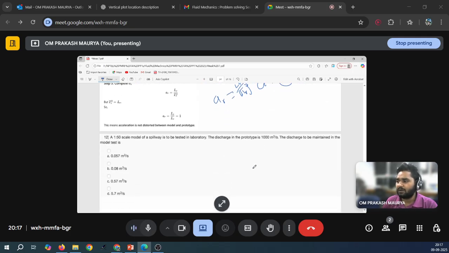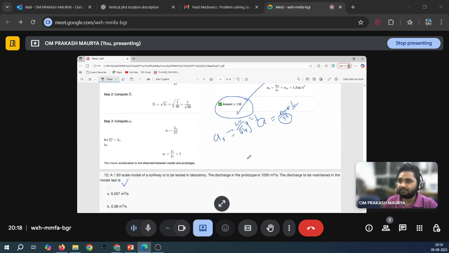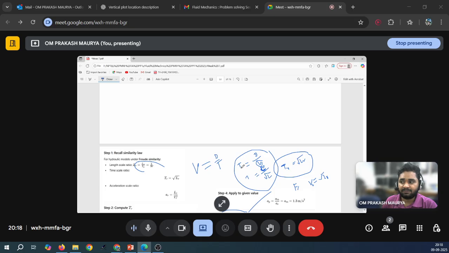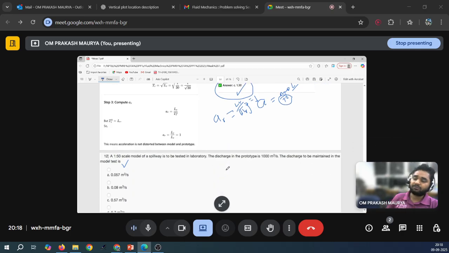Okay, now let us move on to the next one. Question number 12. You have to have a clear mind. This similarity, dynamic similarity: in the previous year GATE questions, a lot of questions are from dimensional analysis.